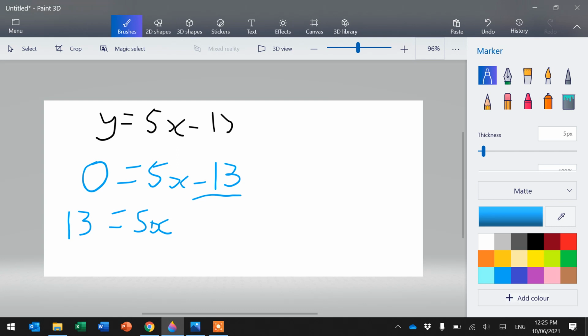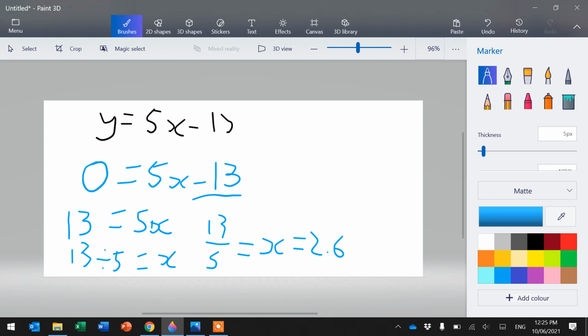And then what we end up getting is 13 over 5 equals x, which I believe is 2.6 off the top of my head.